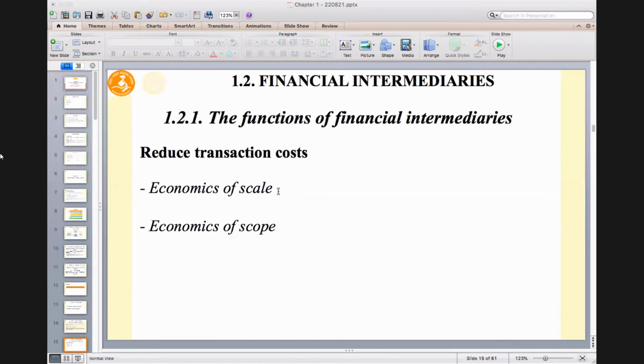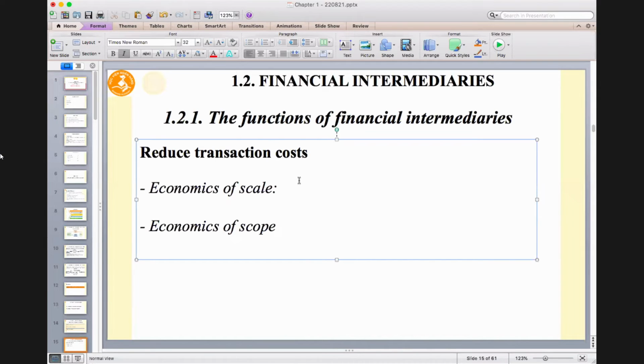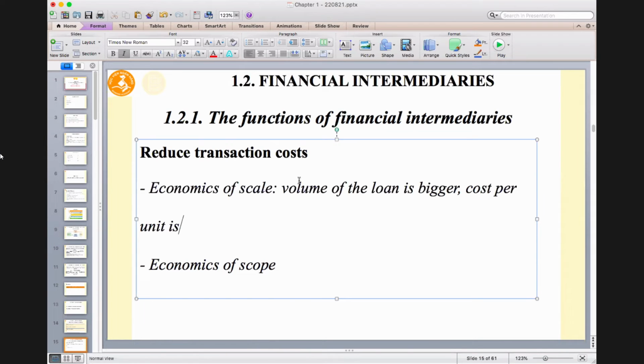So economies of scale means that when the volume of the loan is bigger, the cost per unit is smaller. Yeah, it is called economies of scale.